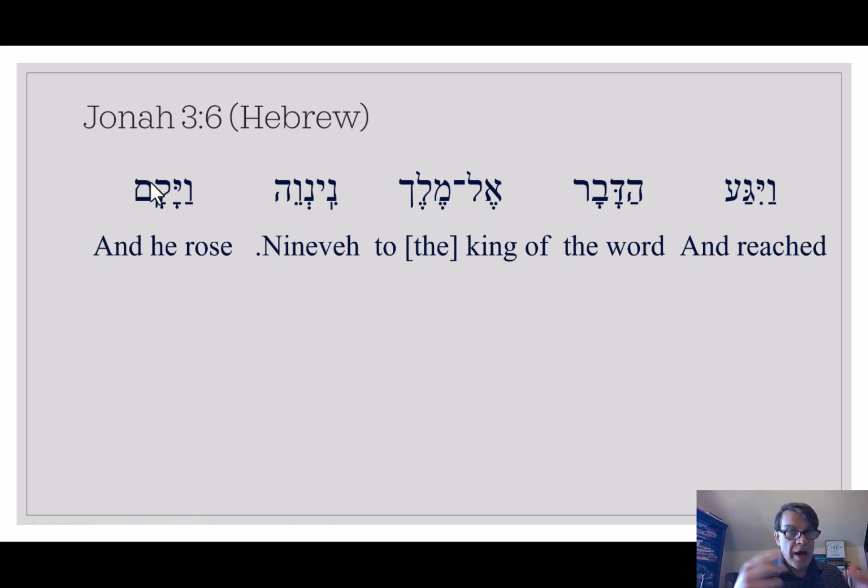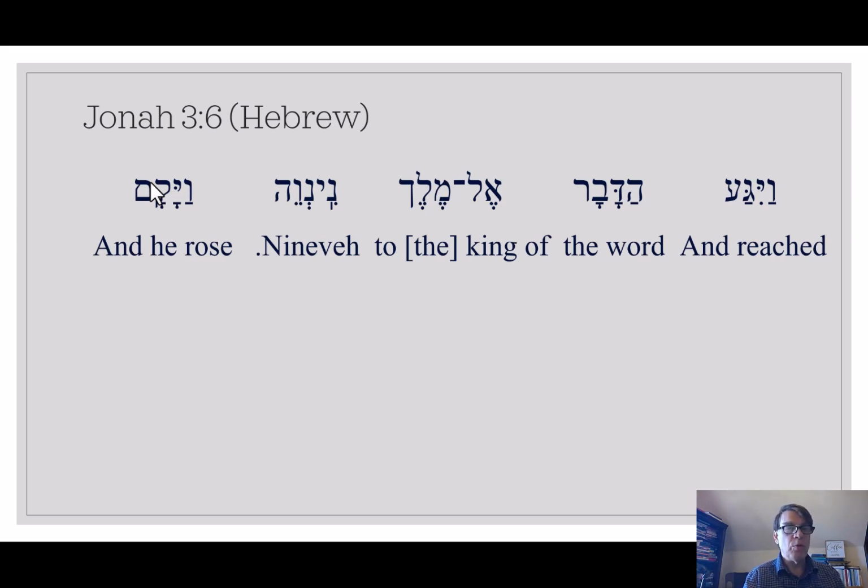It's a hollow verb, or a middle weak verb. You might call it an ayin weak, if you take pa'al, where the pei is the first letter, the ayin is the second letter, and the lamed is the third letter. But anyway, I don't talk about it that way. So it's a middle weak verb, a hollow verb from kum, and he rose.